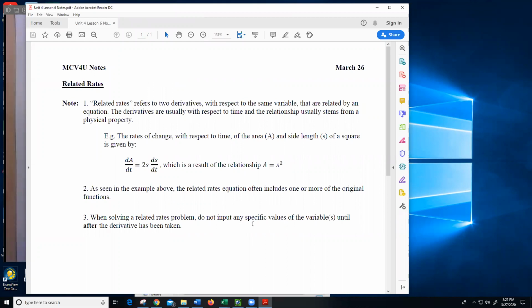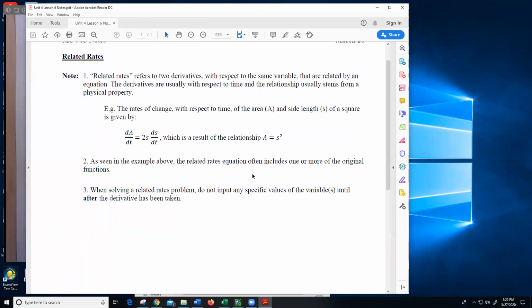It refers to some relationship that involves two derivatives. It specifies here that the derivative is almost always with respect to time. It reminds you that very often, not all the time, one of the functions, or sometimes both of the functions, might actually appear in your related rates problem, like it did in questions 2 and 3, all right?